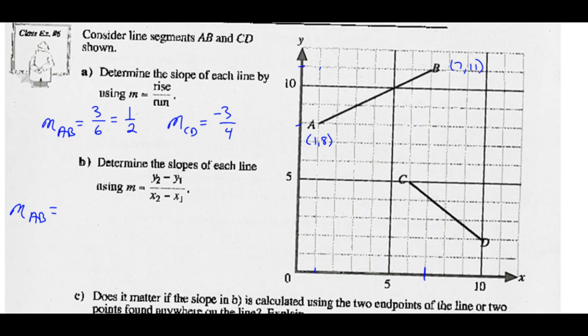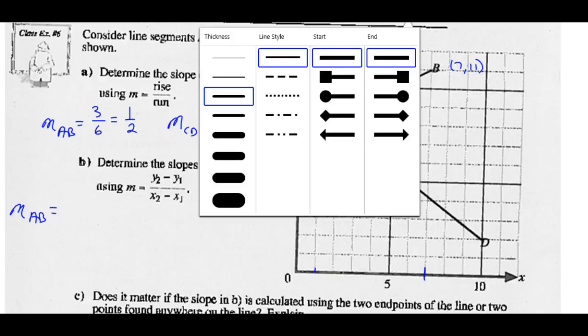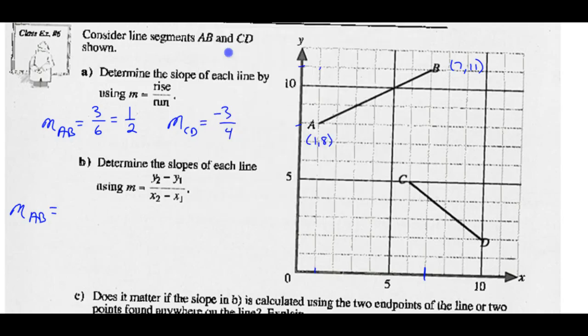So let's use our slope formula. I could identify these two coordinates as x1, y1 for point A, x2, y2 for point B. And then when I substitute into my formula, substitution is pretty quick.